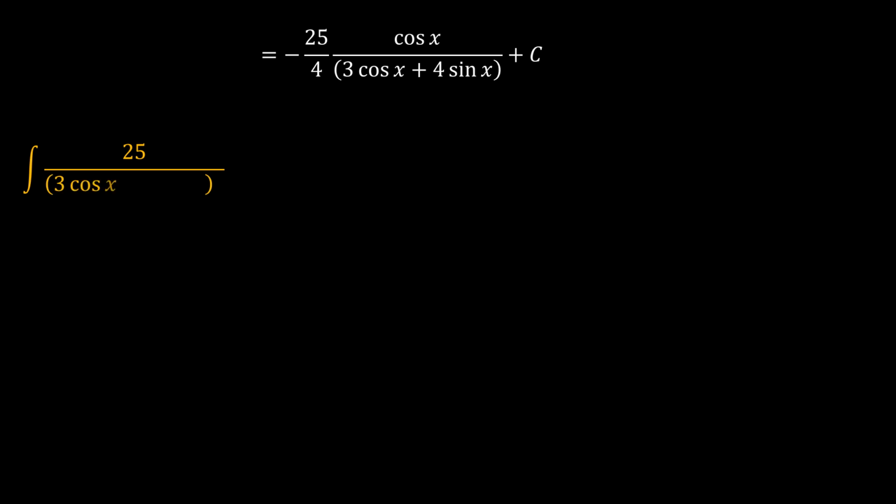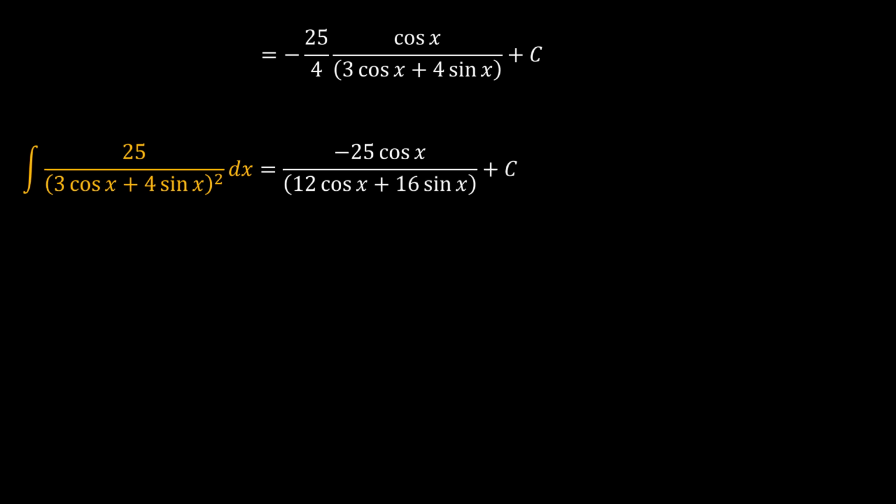Now that can be further expressed as the final statement: the indefinite integral of 25 over the square of 3 cosine x plus 4 sine x is negative 25 cosine x over, we've multiplied 4 across, 12 cosine x plus 16 sine x. And that, ladies and gentlemen, is the final answer that we were looking for.